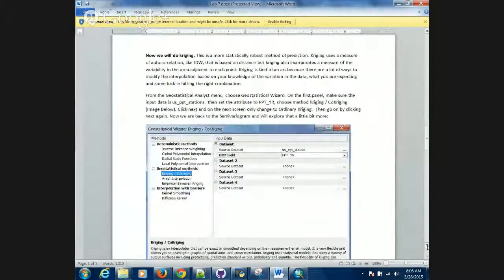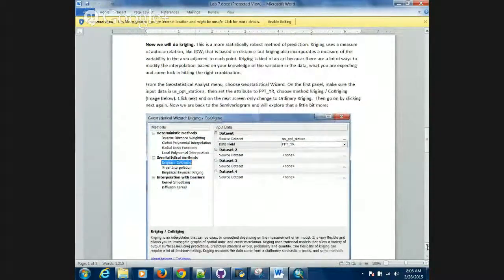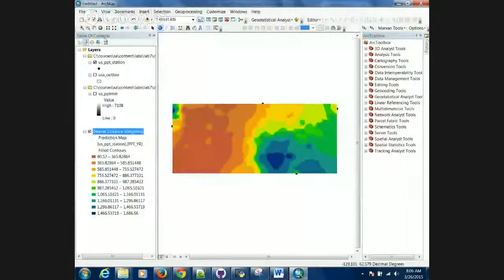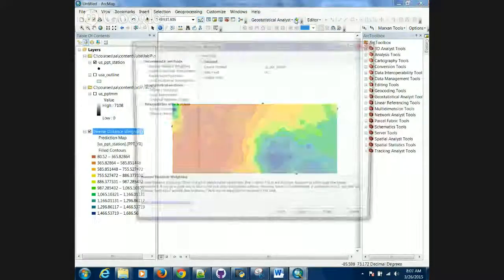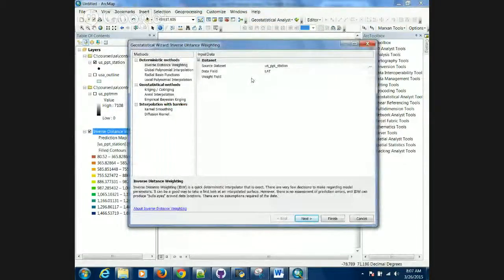Okay, let's go back to the lab here, and now we're going to do kriging using geostatistical methods. And this data set will probably be a little bit better than the data set that I brought for class last time. So what we're going to do here is change the U.S. precipitation station, but we're going to change this to yearly precipitation.